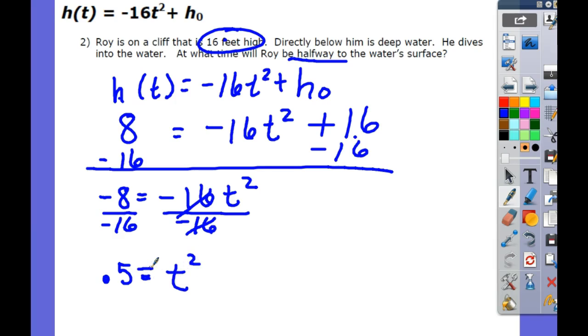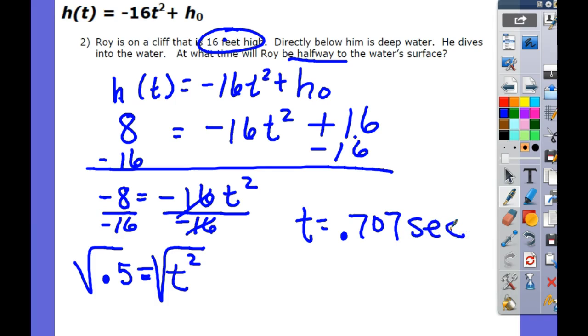We're solving for the t. What do we do with the squared? We do not have to worry about the negative answer when we take the square root because it doesn't make sense with regard to this problem.